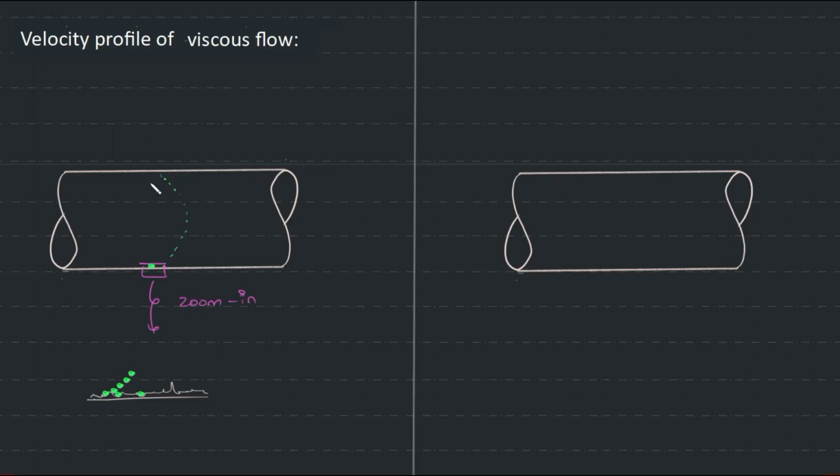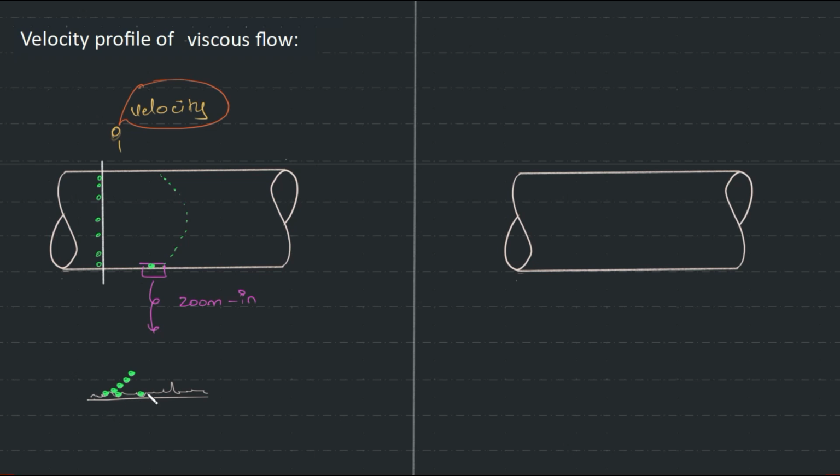If I happen to take a cross section at a particular place, and talk to the molecules over here, and ask them about their velocity, they will tell their velocity.